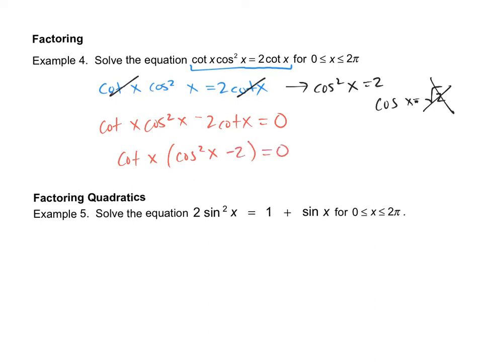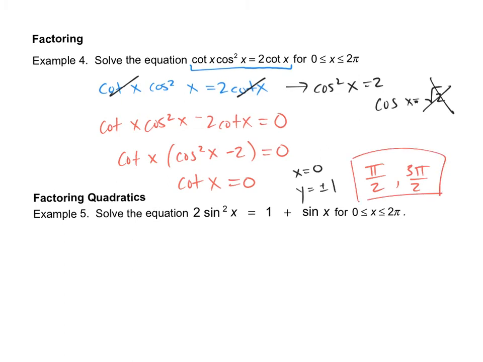Divide both sides by all that stuff in the parentheses, and I am left with the cotangent of x equals 0. Now that is on the unit circle. Cotangent is x over y, so this means that my x is 0 and my y is either positive or negative 1. This happens twice on the unit circle, at pi over 2 and 3 pi over 2.